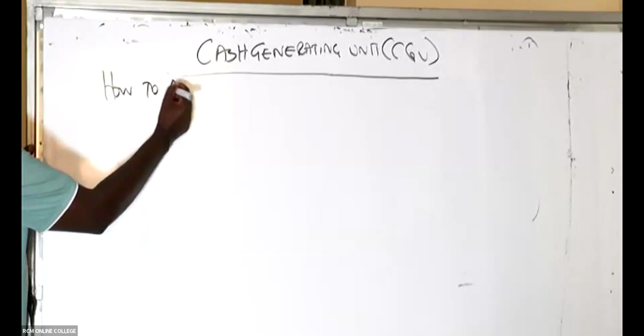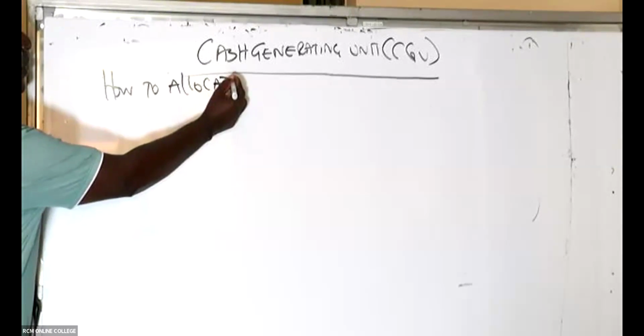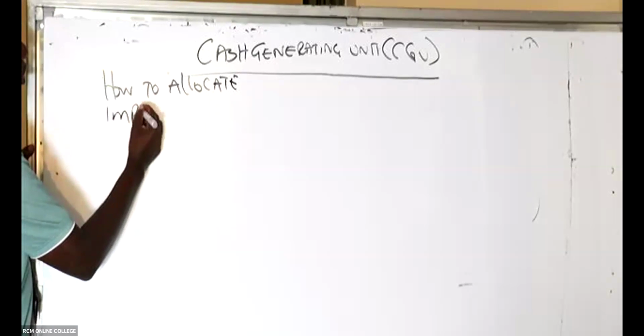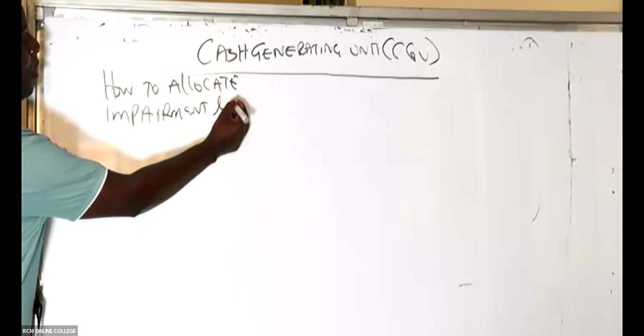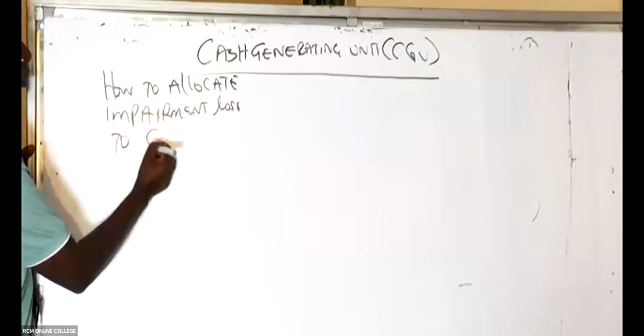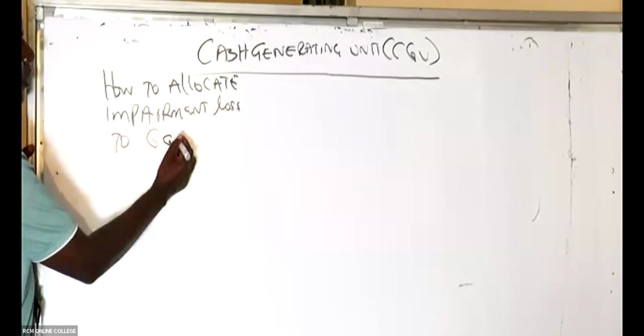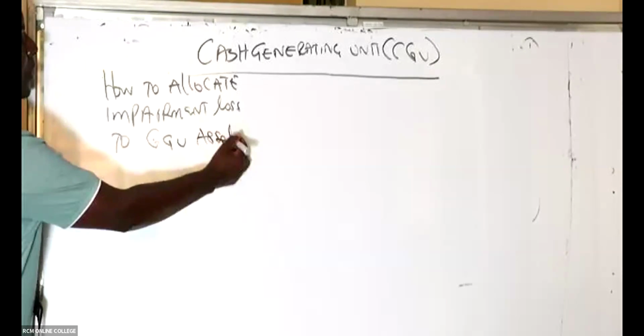How to allocate impairment loss to CGU assets here.